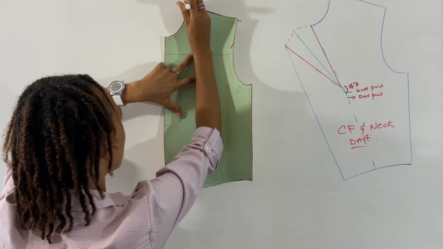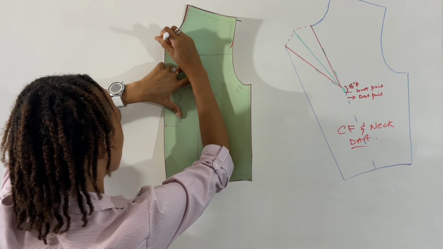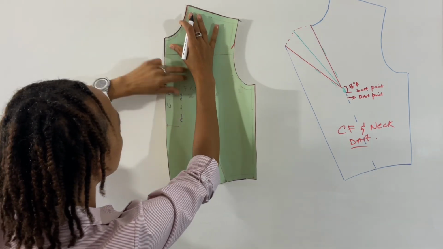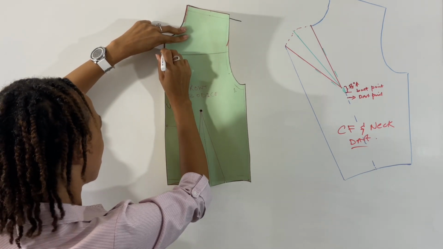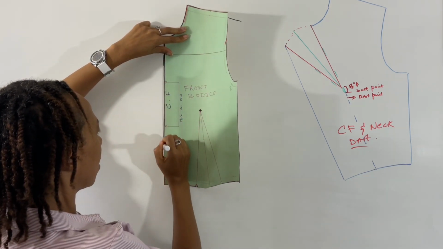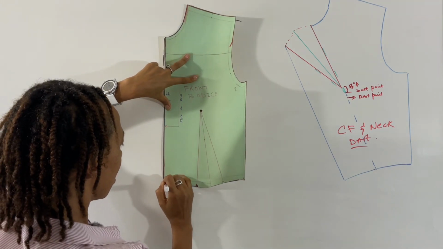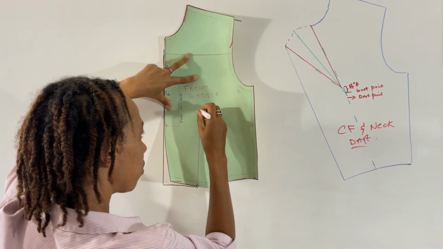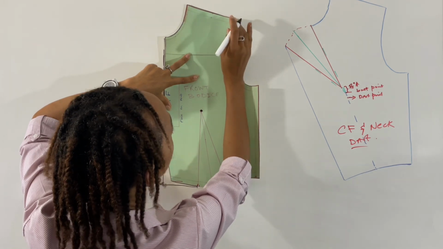So you're going to trace around, all right? And you're going to trace all of this. Make sure you have it. And you're going to put in your dart point right here. Your dart point is different from your bust point.